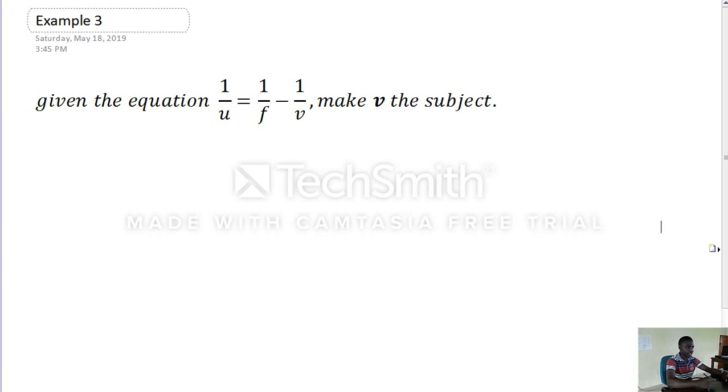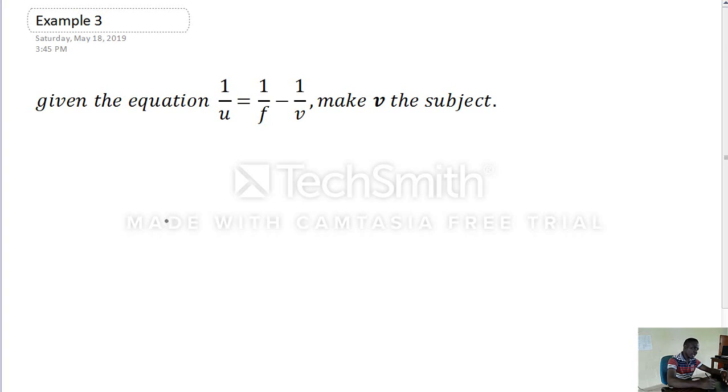Example 3 says, given the equation 1 over u is equal to 1 divided by f minus 1 divided by v, we are to make v the subject of the formula. Making v the subject of the formula means that we should express v as a function of every other variable such as u and f.